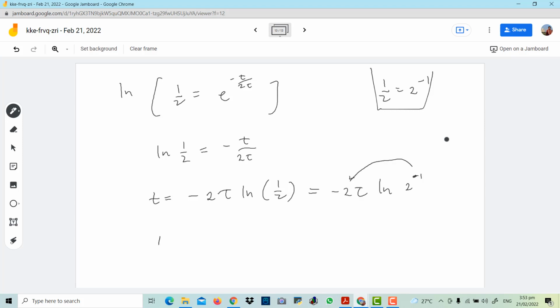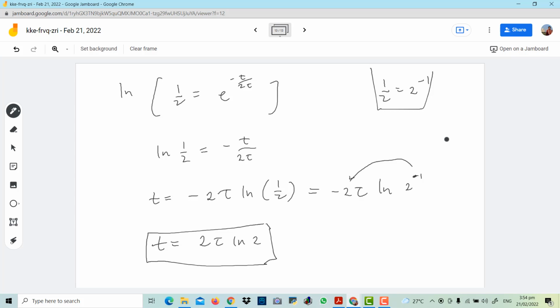So time t, which is given only in terms of the time constant tau, is equal to 2 tau ln of 2. The negative disappeared because negative 1 times negative 2 is positive. Okay, so time t is equal to 2 tau ln of 2.